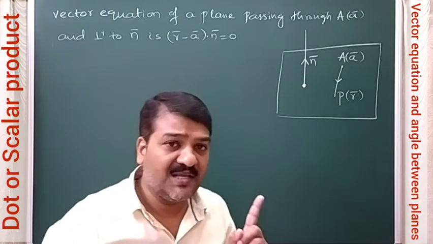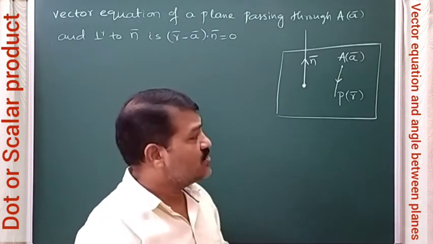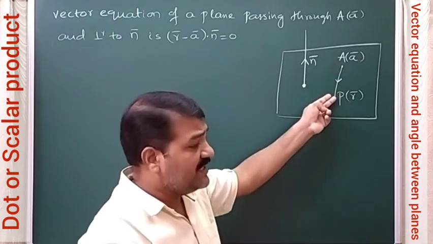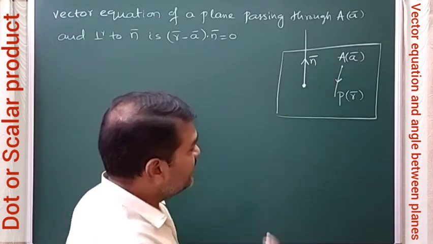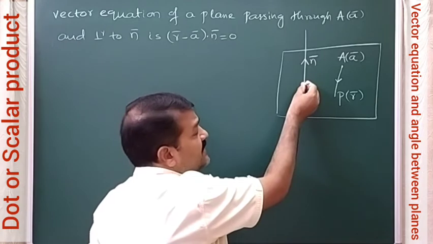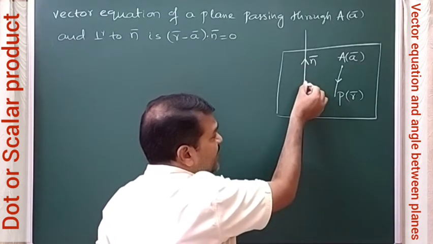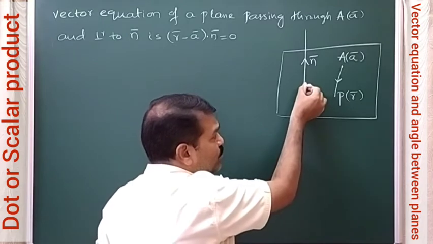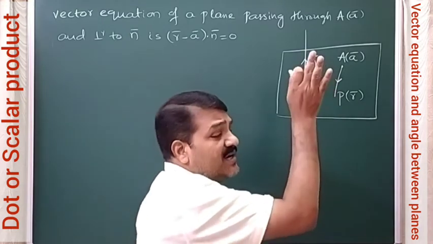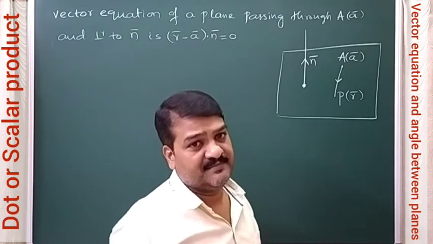Okay. So if I join A and P, AP bar is clearly on the plane. So AP bar is a vector on the plane here, and n bar is perpendicular to the plane. So n bar is perpendicular to plane means this n bar is perpendicular to any vector in the plane.